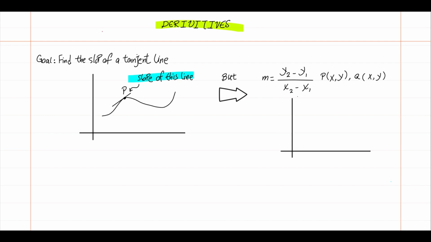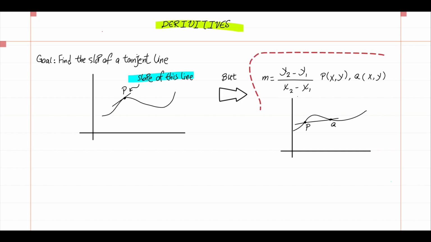So we have to have 2 points to be able to extract the x and y coordinates of those 2 points and plug them into the rise over run formula and get the slope of a line.